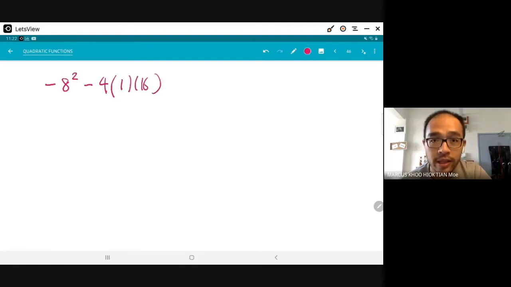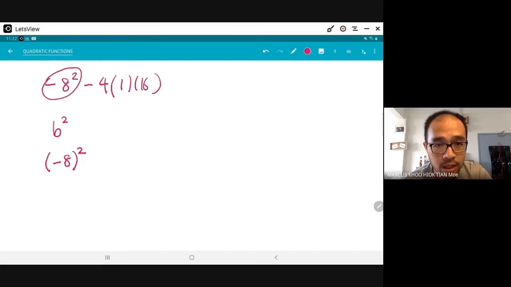Did you all write it like this? Okay, guys, be very careful. B squared, if your B is negative 8, you need to write a bracket: negative 8 squared, because the B is a negative number. Because if you write like this and you press in your calculator, you will get negative 64, where actually it's wrong, negative 8 squared actually is 64.